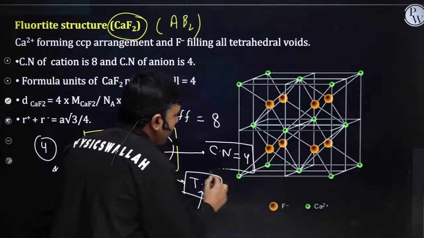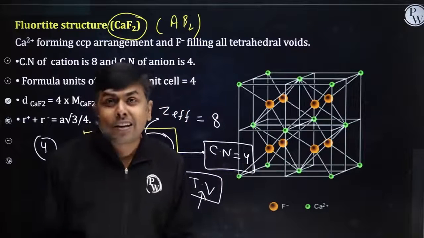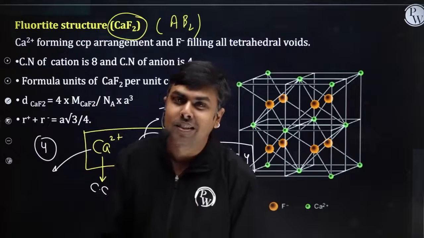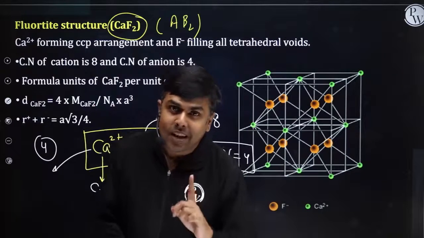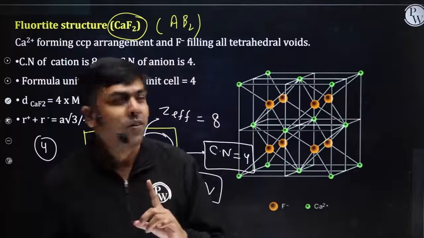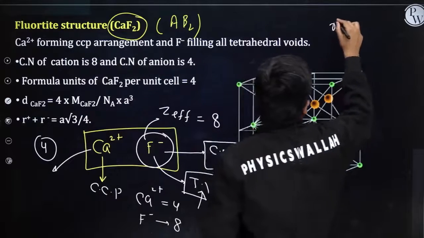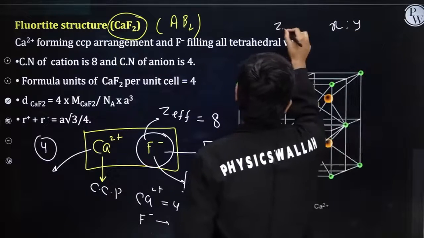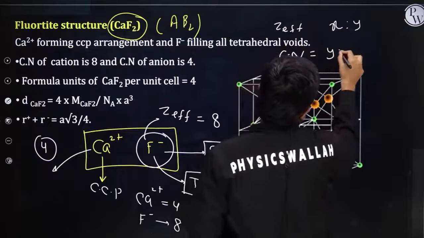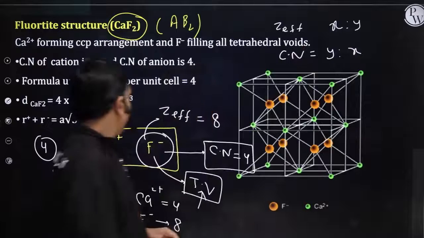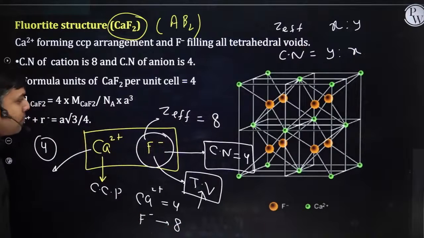Now one important point. If Z effective ratio is not 1:1, in that case, coordination number ratio is the inverse of Z effective ratio. If Z effective ratio is X:Y, then CN ratio is going to be Y:X. So for this fluoride ion, the coordination number is 4.